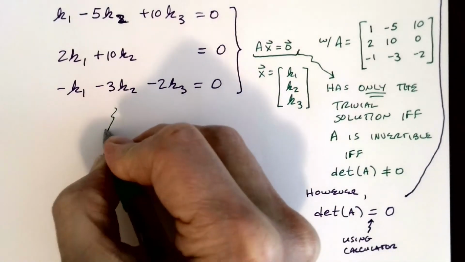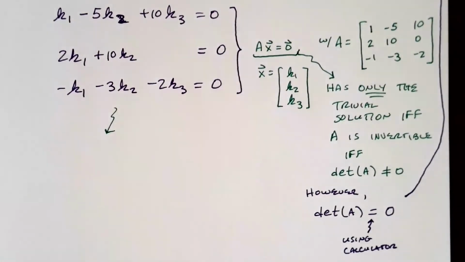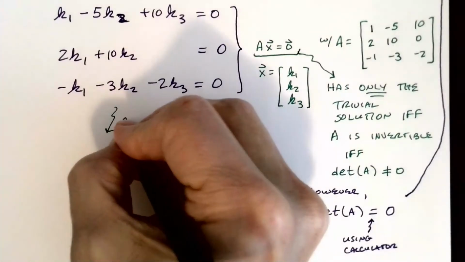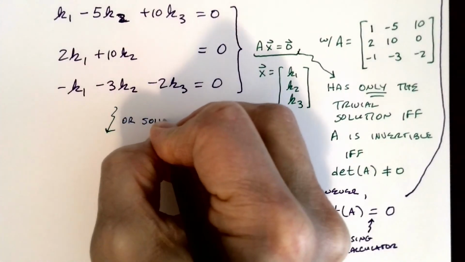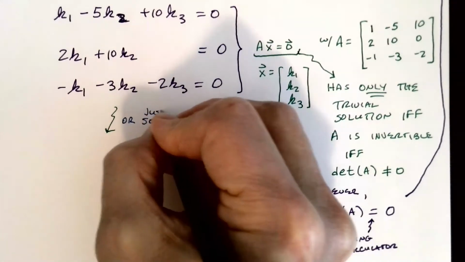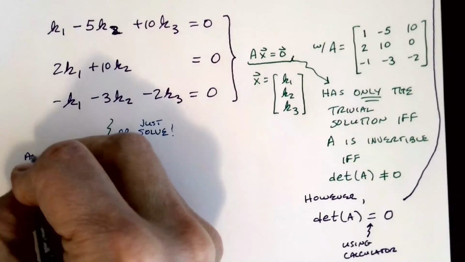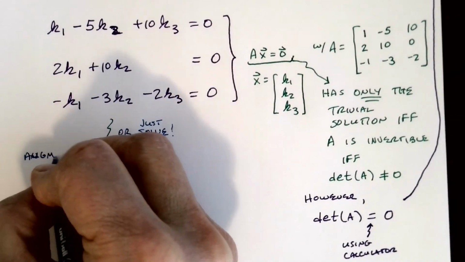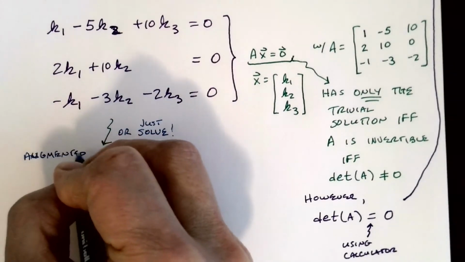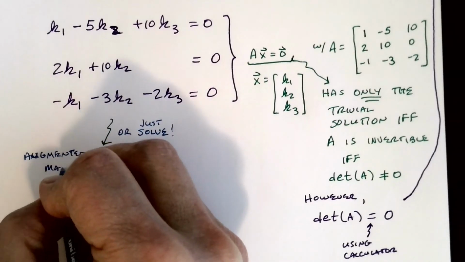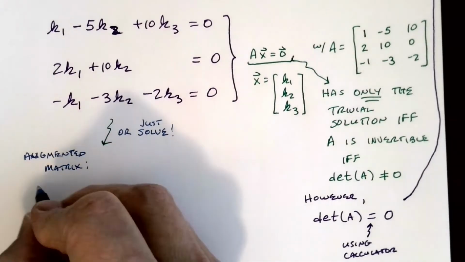So this would be another way. Let's do this in a different color. Or we can just solve. And how would I solve? I would look at the augmented matrix, which is what?